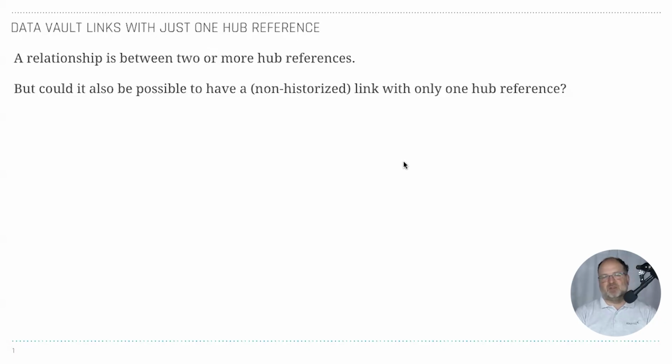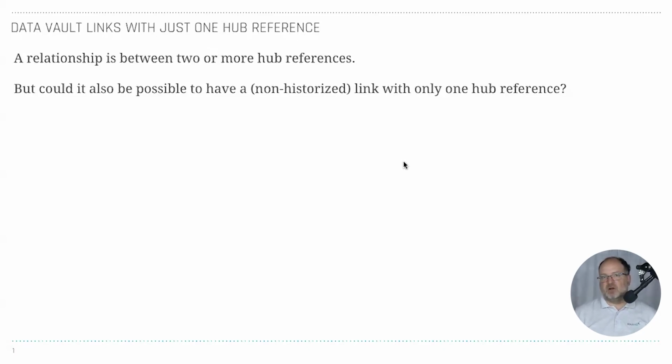I don't want to say a certain point in time, but for a certain event, right? For a certain message. And yes, it could be the case that only one business key is related to your event. That's maybe the best explanation. Only one business key is related to your event. So yes, it might be the case that you have a non-historized link which only has one hub reference, essentially. I wouldn't say it's very common, but I also wouldn't say it's uncommon.